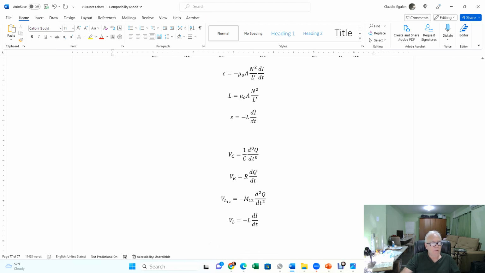We can come up with a unit for those guys, right? This one is unitless. This one has unit of meter. This one has unit of mu naught and meter square, right?